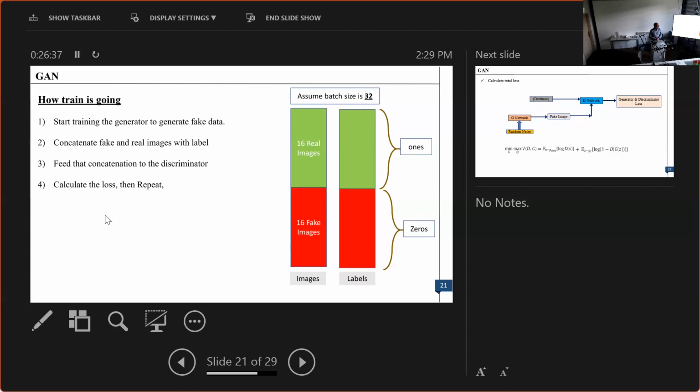And we also need to label them to calculate the loss. In the first epochs, the discriminator should be able to distinguish between real images and fake images. But after several epochs, the discriminator cannot distinguish between them.